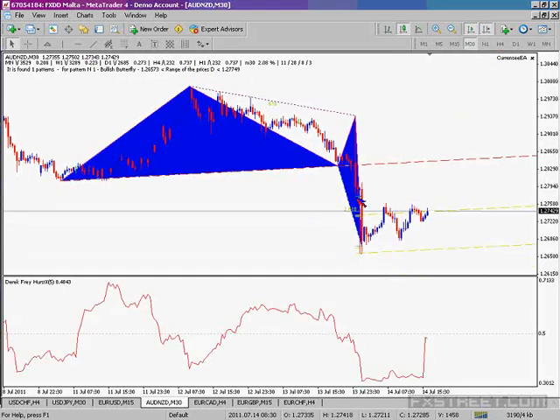Here's a really nice little butterfly pattern that's been playing out in the Aussie Kiwi. You can see it's been very anti-persistent for some time. Now it's starting to go into persistent territory, which would be good because it's been uptrending. So it's getting to the point where it's going to start saying the uptrend is likely to continue, which would be good for follow-through back up to the B point here.